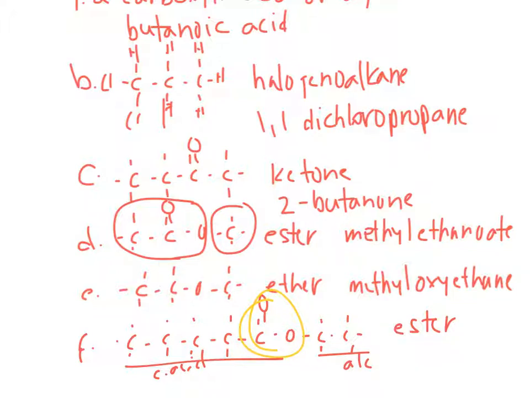So this is ethyl. And then I name my carboxylic acid group, and there's 5 of them. So this is pentane or pentanoate. And again, with ethers and with esters, the name tells you where the oxygen is situated, or the 2 oxygens are situated, so no numbers are needed on those.